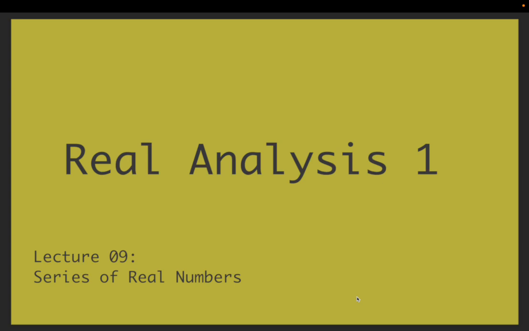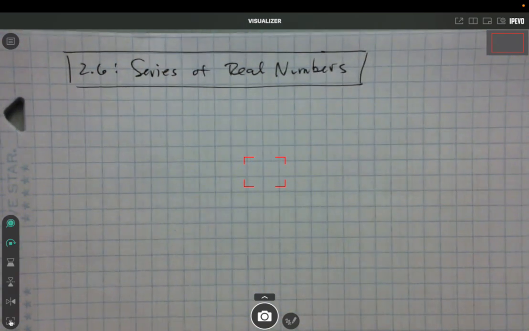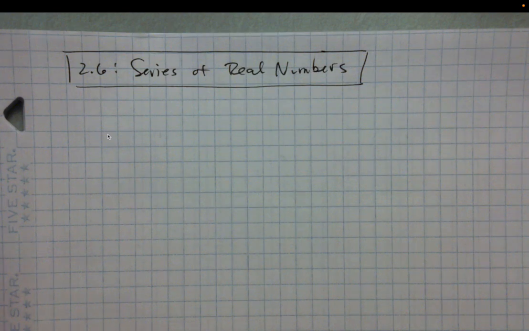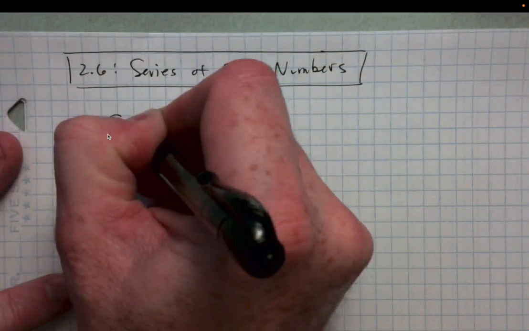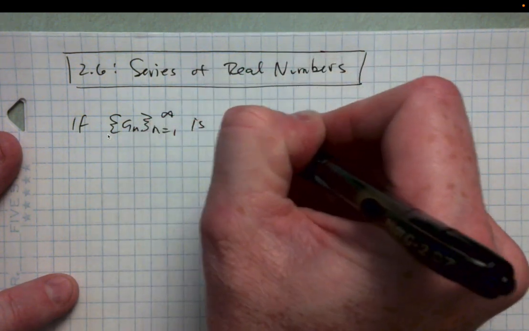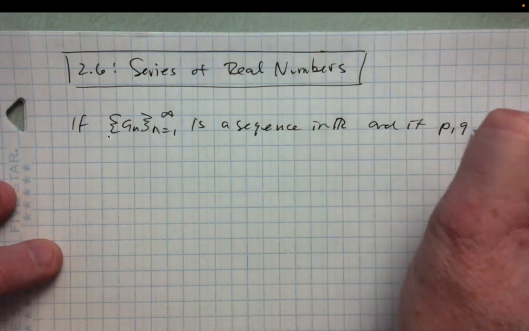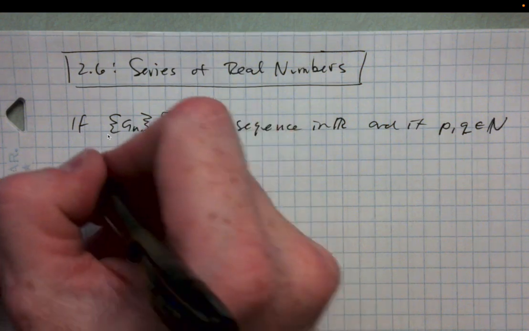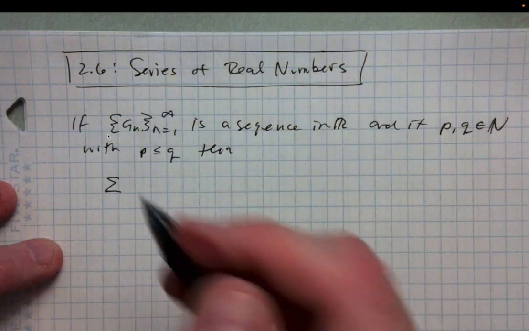Let's go ahead and jump into it. We'll call this section 2.6, series of real numbers. Let's start with some notation, which I'm sure you have seen by this point in your math career, but in case you haven't: if a sub n from n equals 1 to infinity is a sequence in R, and if P and Q are natural numbers with P less than or equal to Q, then we can use this notation.